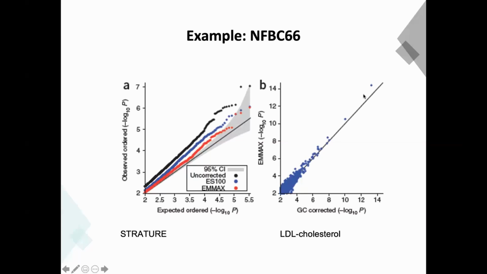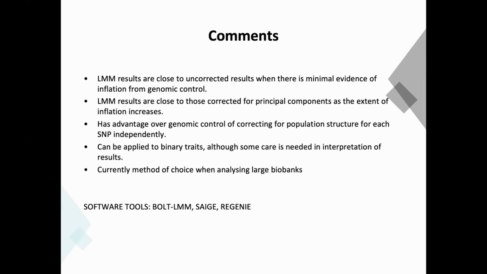But if we look into our top signals, then using mixed modeling is giving us slightly more significant p-values compared to running non-mixed modeling and afterwards using GC correction in our analysis. So mixed modeling results are close to uncorrected results when there is minimum evidence of inflation from genomic control, meaning that there is minimum population structure.